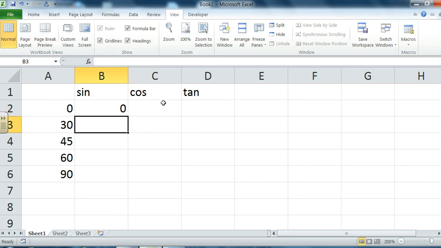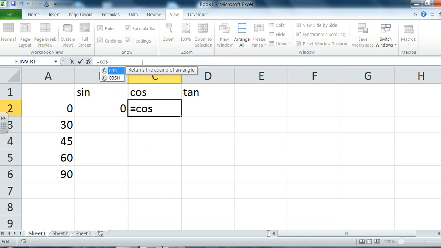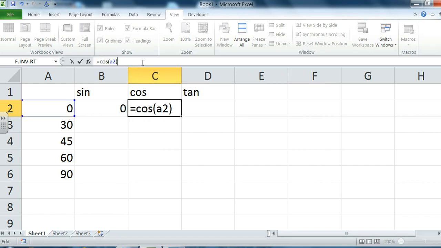Then cosine, parentheses, A0, A1, A2, enter.